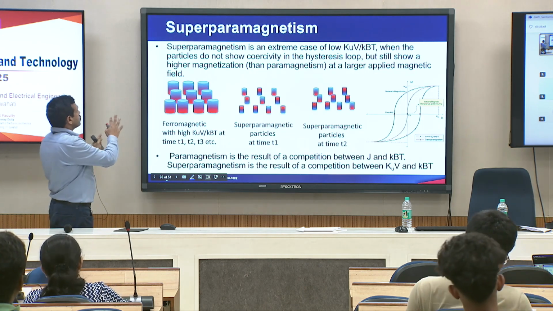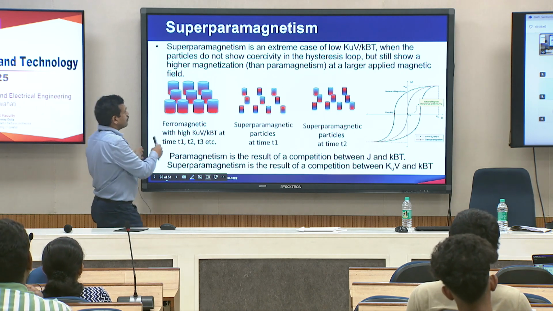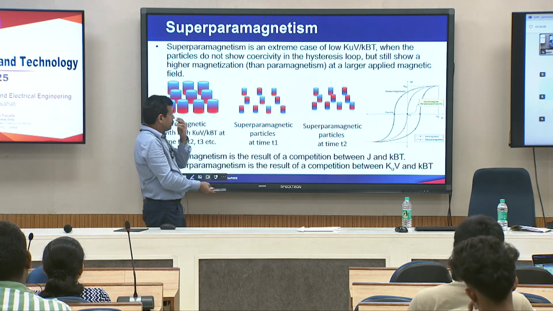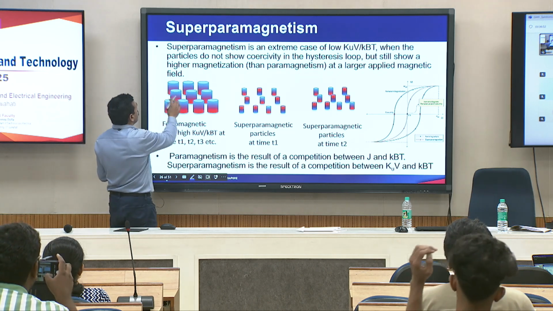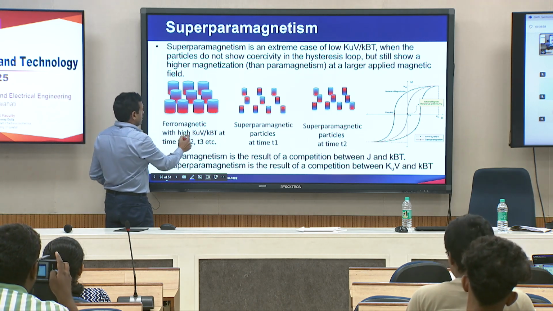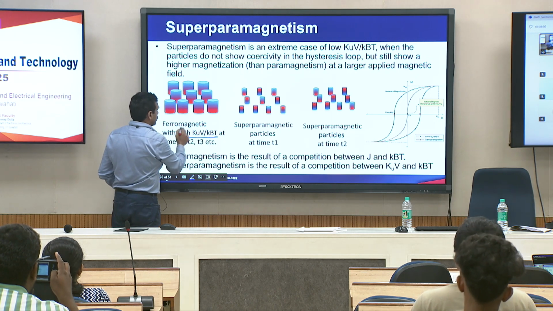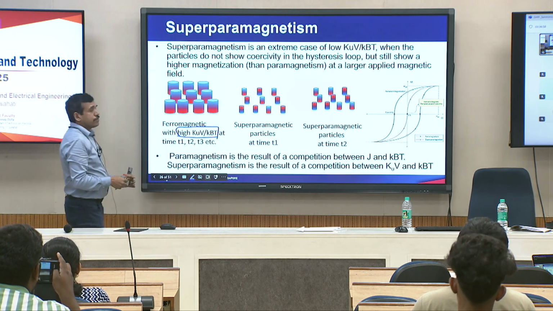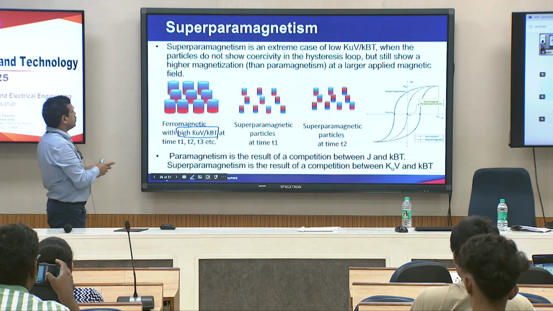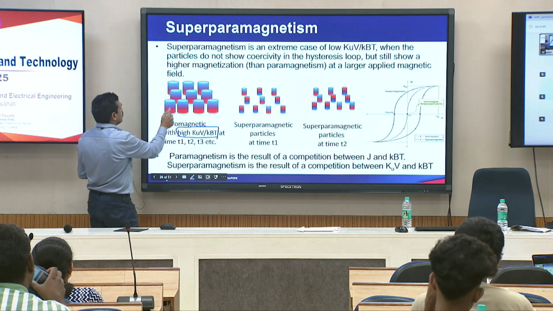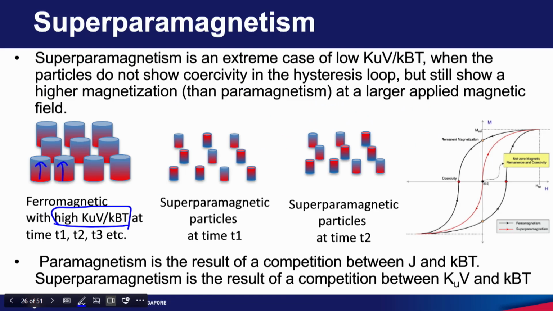Okay, so this is the concept that leads to superparamagnetism, which we already discussed before. For example, if we have a collection of ferromagnetic particles and if they have very large KUV by KBT, then there is no time dependent magnetization decay. So, all the magnets, suppose you magnetize them north, up, south, down, something like this, they retain their polarity.